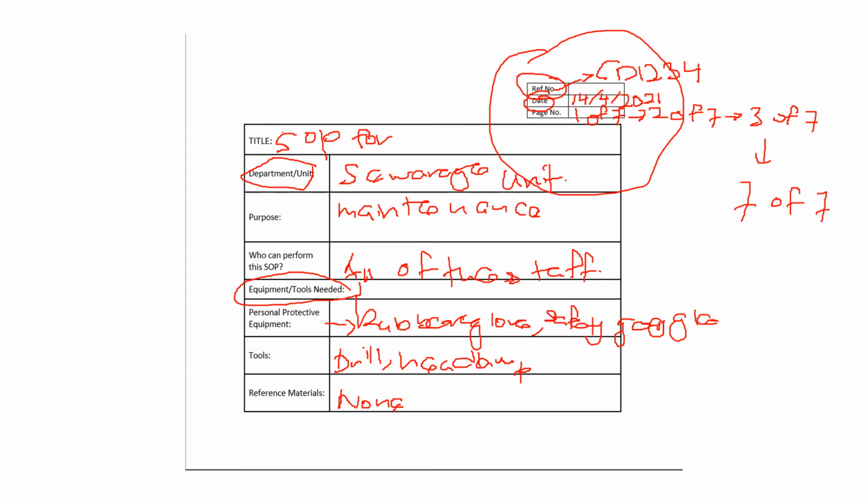Next, for the procedures, you can write it in the hierarchical form. Hierarchical form meaning that you write it according to the numbers. Number one, the first step. Number two, number three, number four, and the rest. You can also use the approach of graphical procedures.